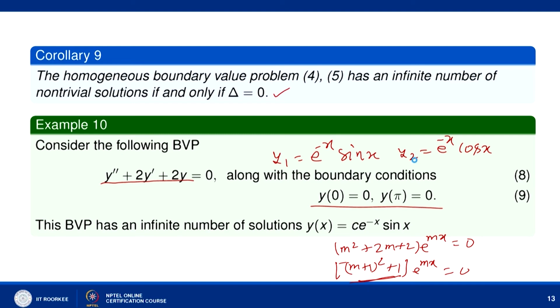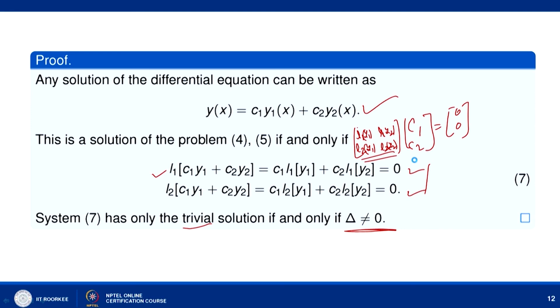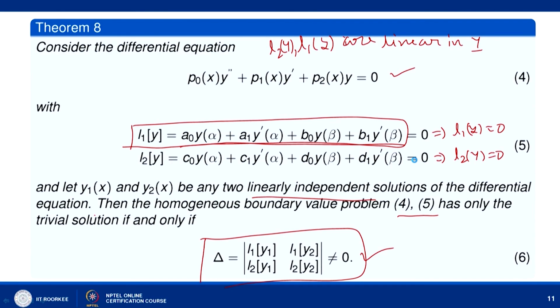But I just want to go back again, because if you look here, delta depends on the boundary condition; it does not depend on a specific solution of this boundary value problem.